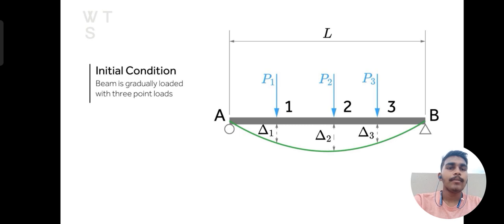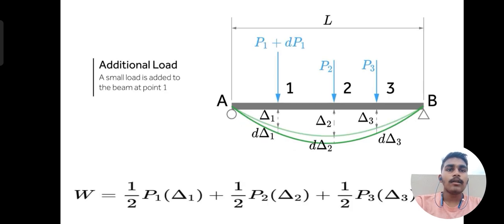We should take a beam gradually loaded with three point loads, that is P1, P2, P3. Here the beam AB carries the loads P1, P2, P3 and deflections delta 1, delta 2, delta 3. The distance between A and B is L. And the additional condition is that a small load is added to the beam at point 1.